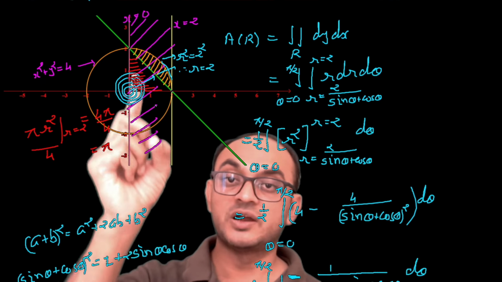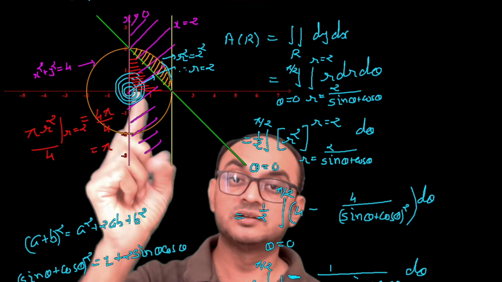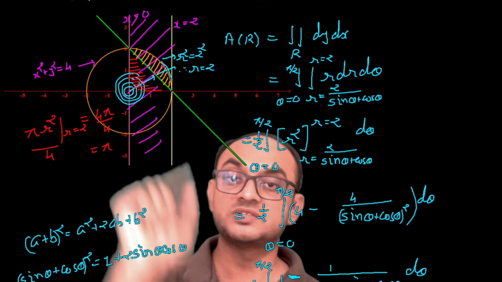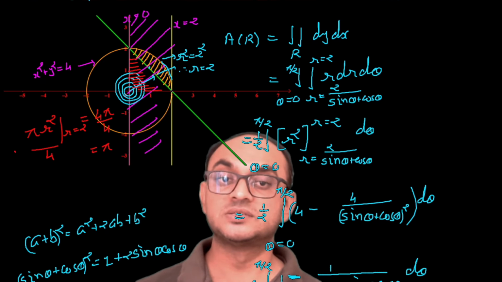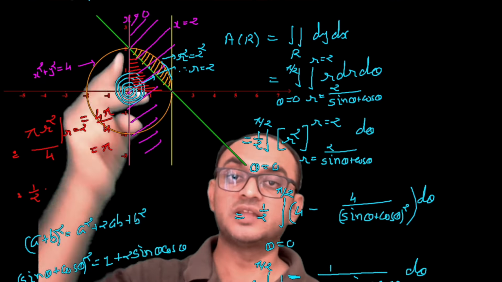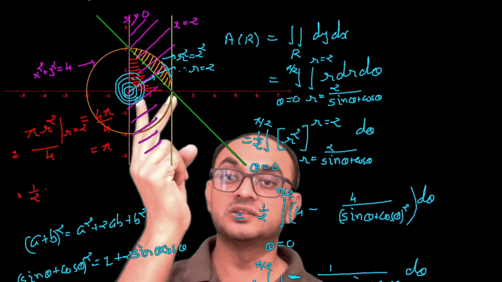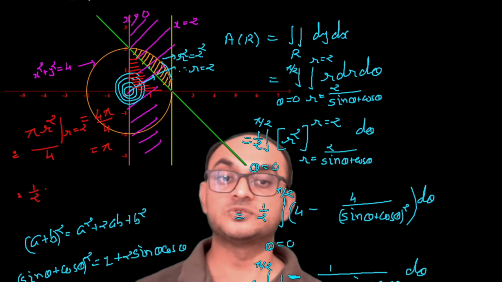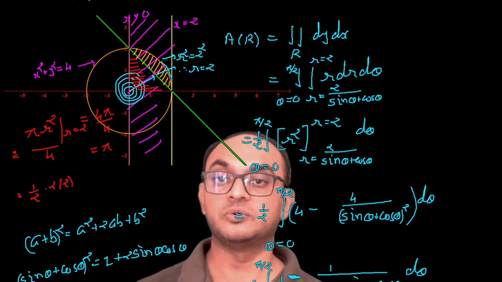and this is nothing but the right triangle. So what is the area of this right triangle? That is 1 upon 2 into the product of this length into this length. This is 2 and this is also 2, so 1 upon 2 into 2 into 2, which is equal to 2.